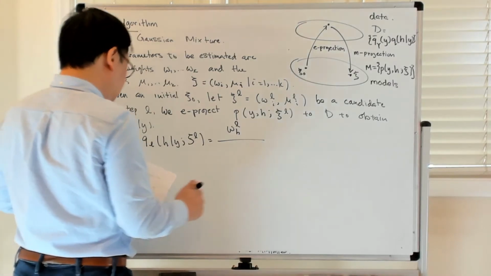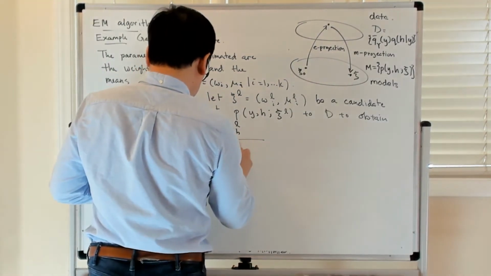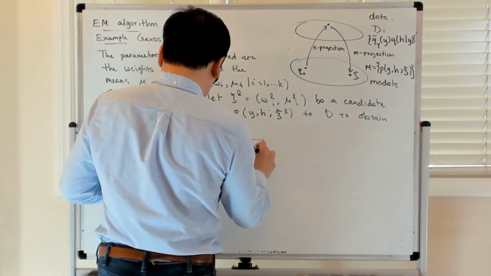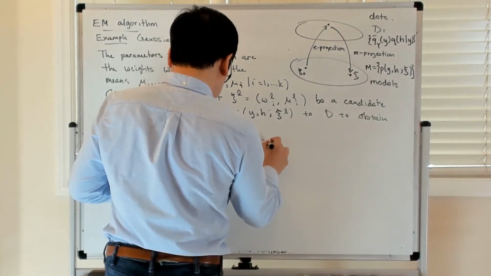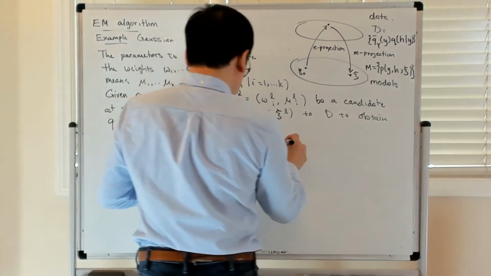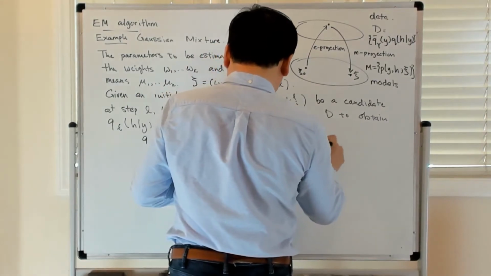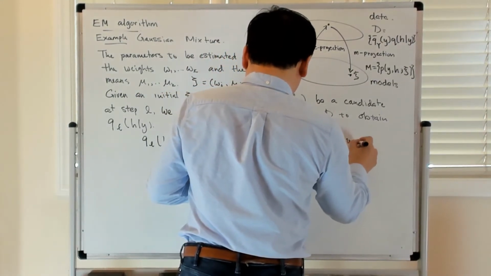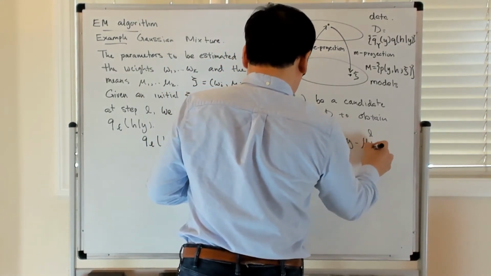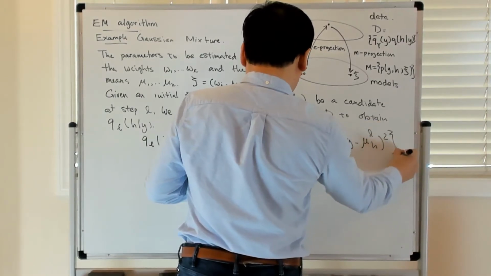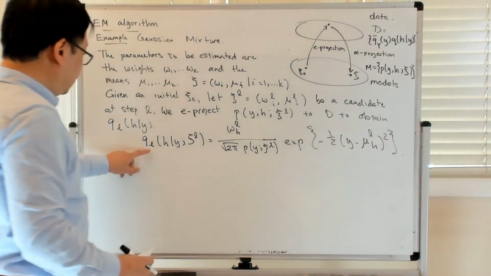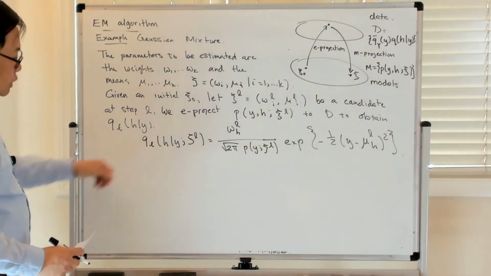So just a reminder, it's 1 over the square root of 2 pi, p of y given C_L, times the exponential of minus 1/2 (y minus mu_L^H) squared. So that's the conditional probability.